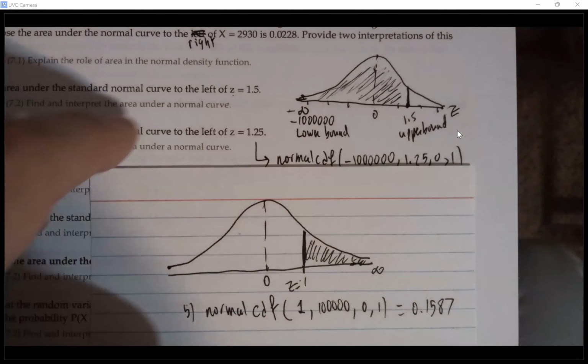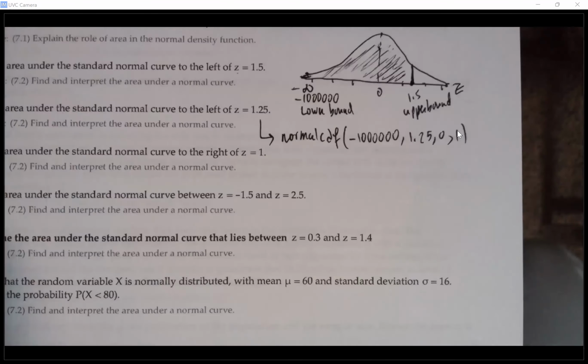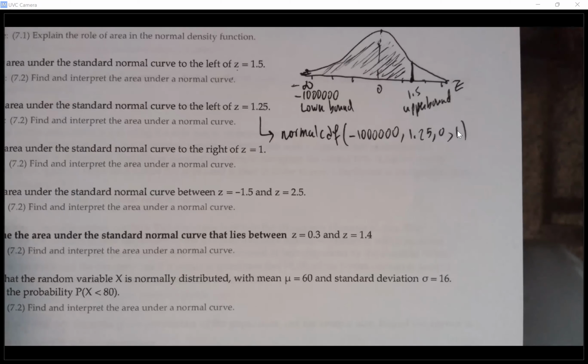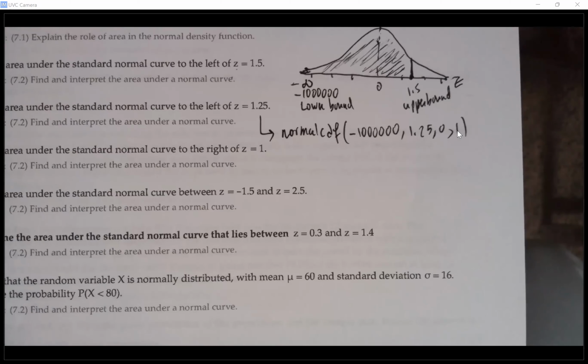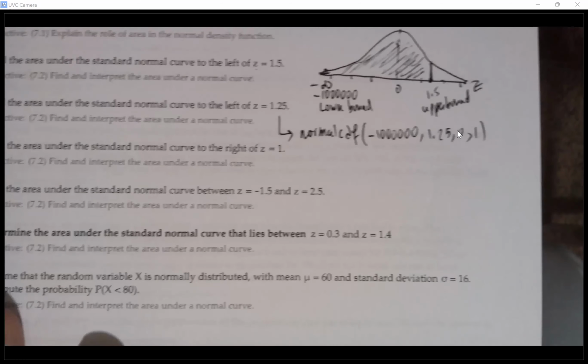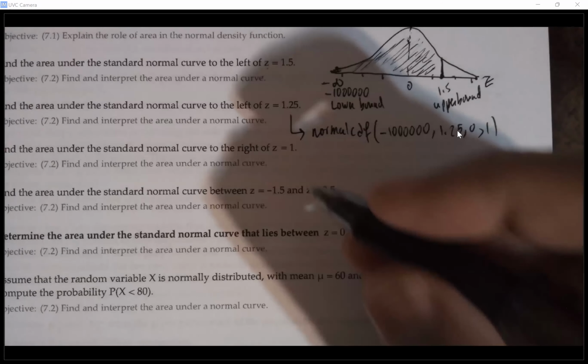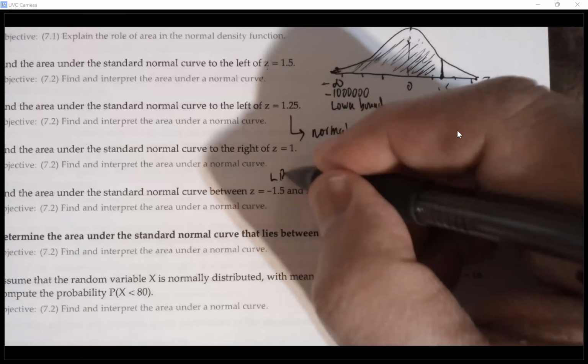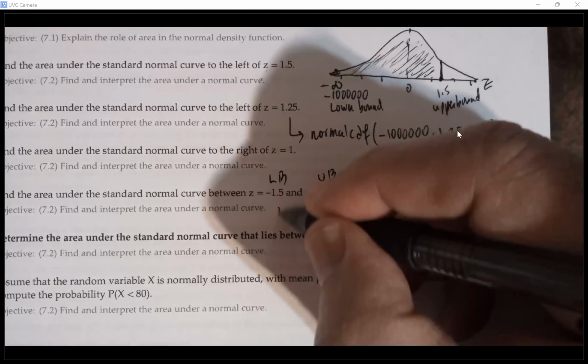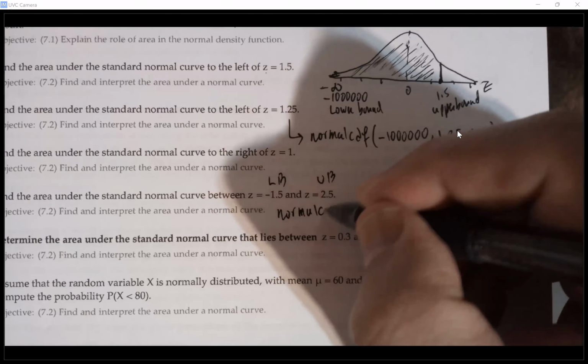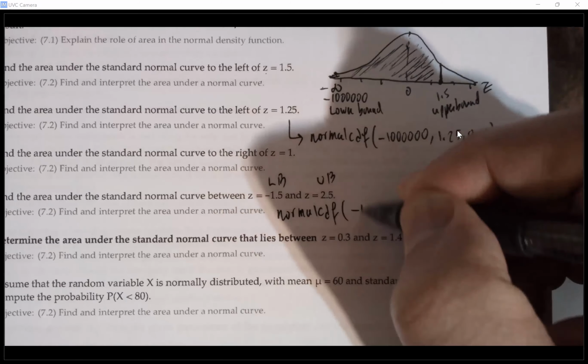Okay, next question, 6. Find the area under the standard curve between negative 1.5 and 2.5. That should be an easy question, guys, because he gives you the lower bound and the upper bound. So the answer will be normal CDF. Put the lower bound, which is negative 1.5.